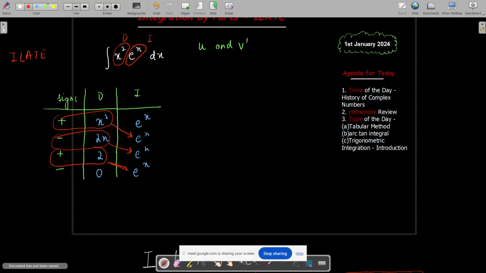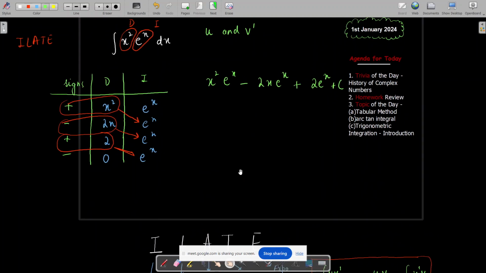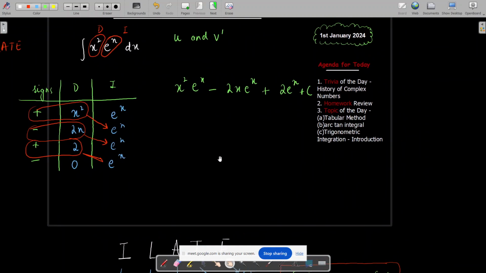And then you would get x squared e to the x, minus 2x e to the x, plus 2 e to the x plus c. Yes, that's it. So this is the tabular method.